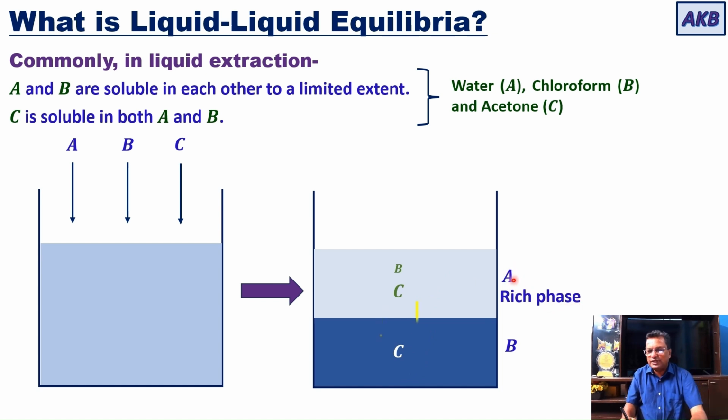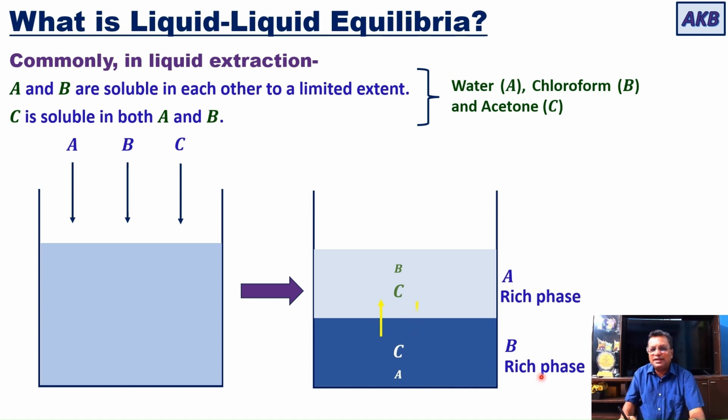We will have to call it the A-rich phase because the major component in that layer is A. Whereas here in liquid B, there will be a little amount of A going into that layer, and that's why it will be called the B-rich phase.